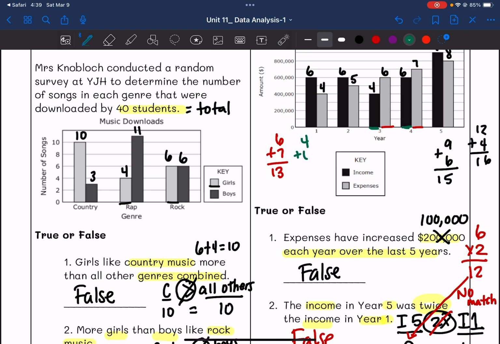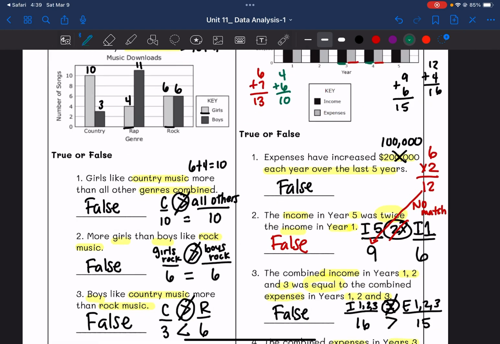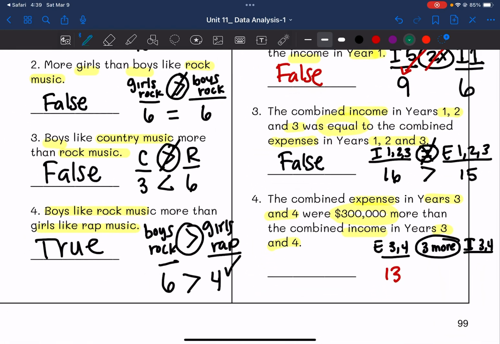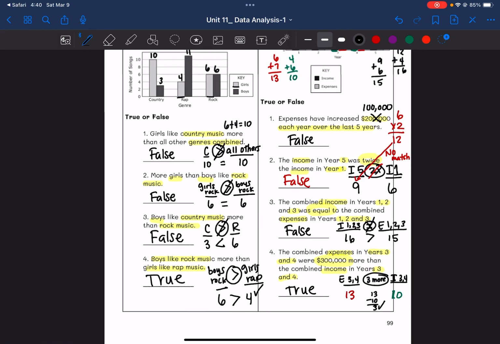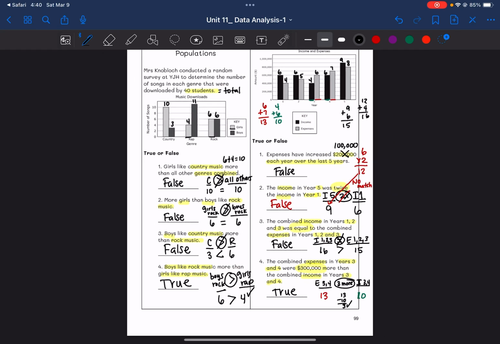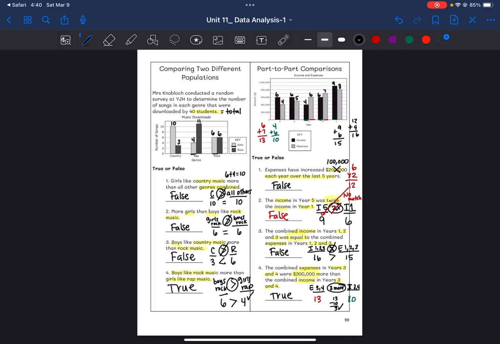And 4 plus 6 is 10. So, over here, I'm going to write 10. Now, is 13 3 more than 10? Well, remember, we can just subtract. So, 13 minus 10, that would be 3. So, yes, this is true. Okay, pause if you need to get this down. I'm going to go ahead and move to the next page, which is 100.